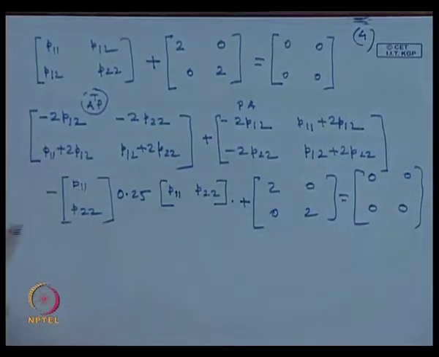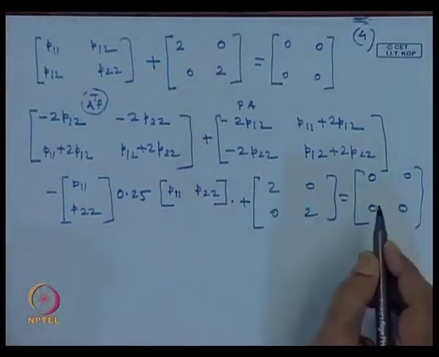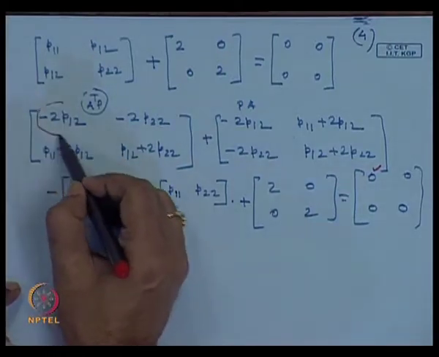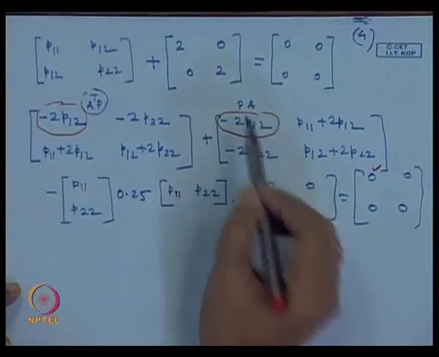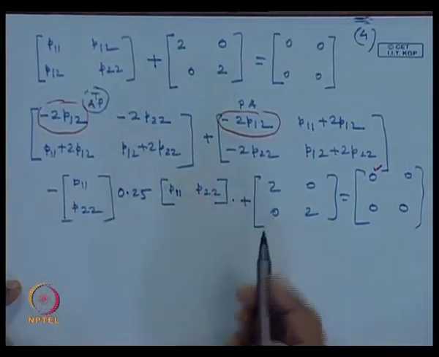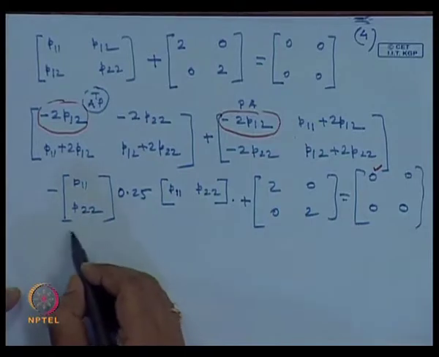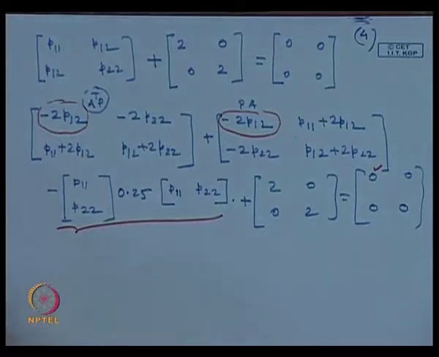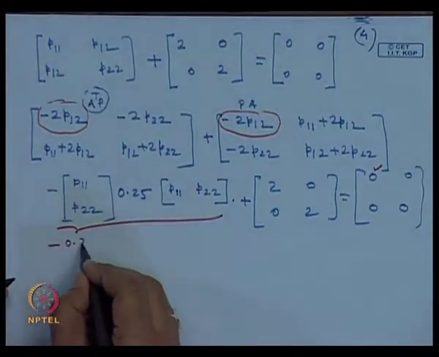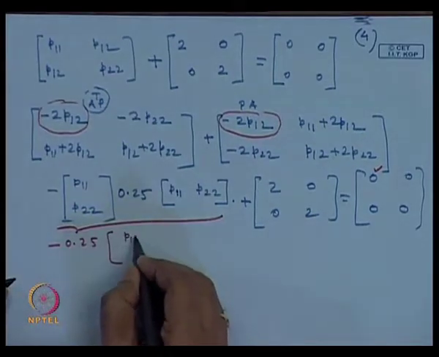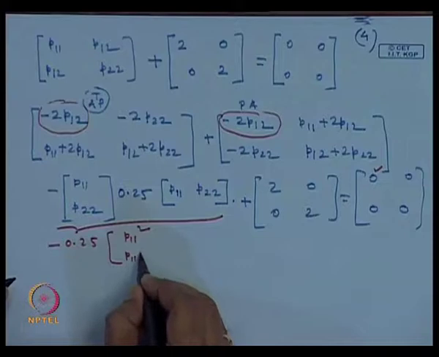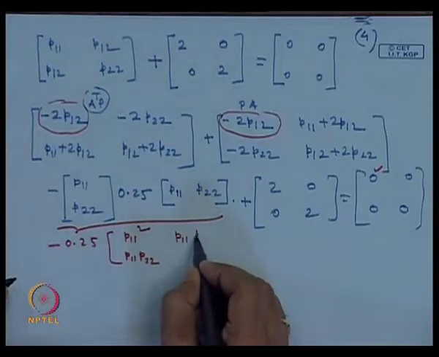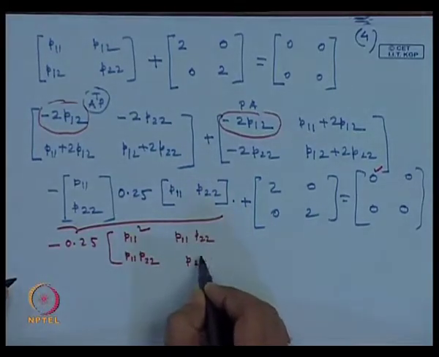Now, you equate the left hand side and right hand side element wise. This element means the 1 1 position. So, you add this one plus this one, after multiplying by this. That quantity will be minus 0.25, and this is nothing but P 1 1 square, P 1 1 P 2 2, then P 2 2 square.